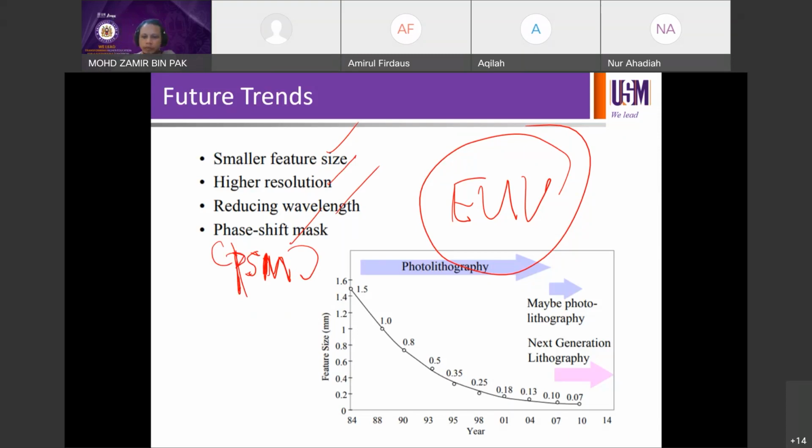Okay. So we need up to 2014, yeah, it's quite old. Feature size, say you can see the feature size from down to 0.1 something or 0.07. Sekarang dah about TSMC is talking about 3 nanometer, 2 nanometer using EUV.